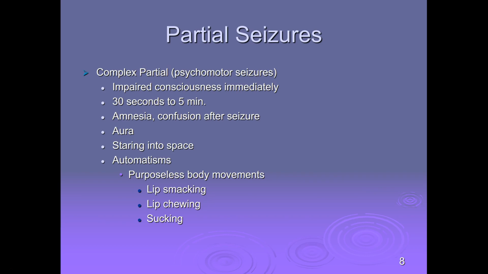So like they hear a sound, or they smell something, or they see a halo around an object, they know that they're probably gonna have a seizure. And so they can have purposeless body movements like lip smacking, lip chewing, sucking. They are actually having a seizure in the part of the brain that controls how you move your lips.